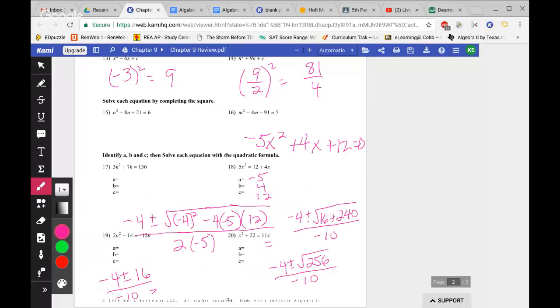So -4 minus 16 is -20 over -10, which reduces to 2. And then we have negative 4 plus 16, which gives us a positive 12 over a negative 10, which reduces to 6 over negative 5. So our answers are 2 and negative 6/5.